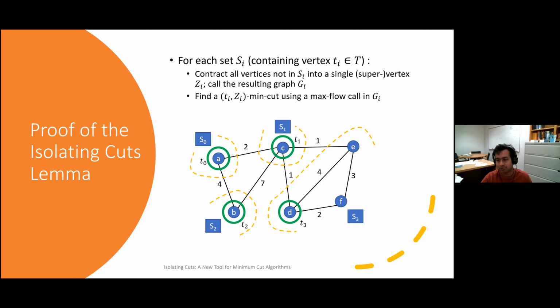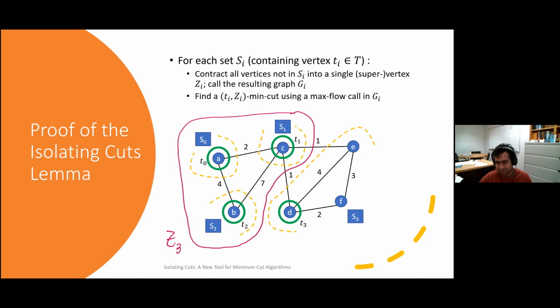Remember, there's exactly one terminal inside Si, called Ti. If I'm running this for S3, then T3 is one terminal for my st min cut call. The other terminal is S0, S1, and S2 collapsed into a single vertex called Z3. That's the algorithm we run, separately for every vertex in T.